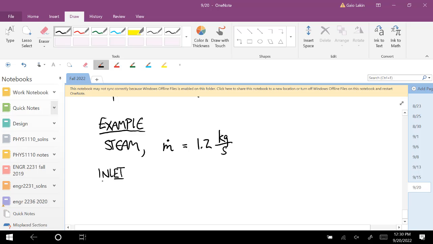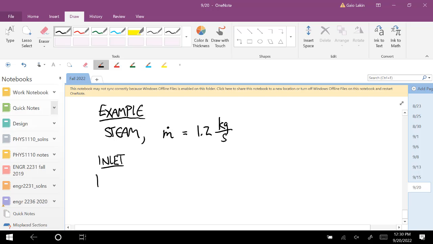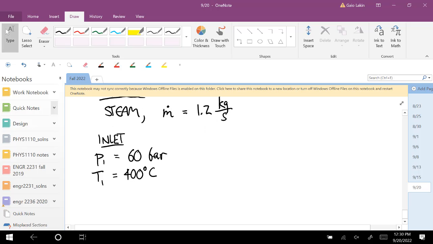And at the inlet, we have a pressure P1 of 60 bar and a temperature T1 of 400 degrees Celsius, and a speed V1 of 10 meters per second.